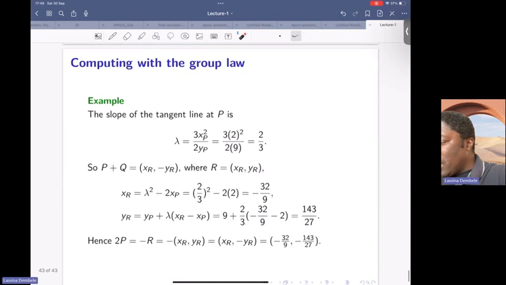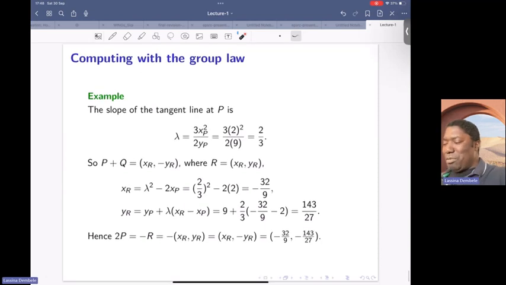And the last example that I want to mention is this one. What if I want to add the point P to itself? In that case, I'm in the situation where the 2 points are the same. So they have the same x coordinate and the same y coordinate.